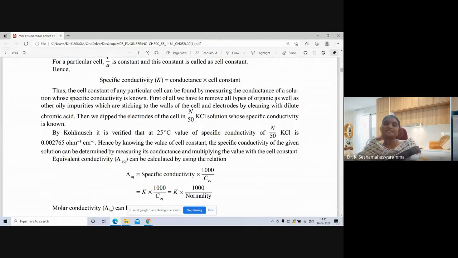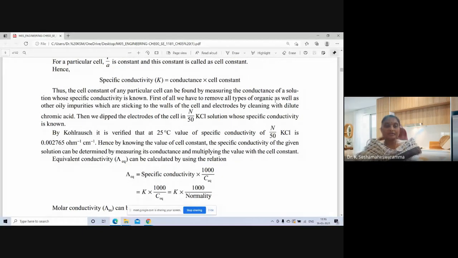By Kohlrausch, it is verified that at 25 degrees centigrade the value of specific conductivity of N by 50 potassium chloride is 0.002765 ohm inverse centimeter inverse.